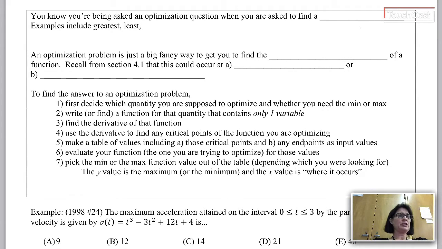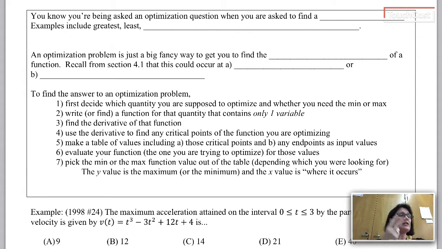Remember, an optimization problem is just a big fancy way to get you to find the absolute maximum or minimum, an absolute extremum, of a function. Those can occur at the locations of relative extrema, so local mins and local maxes, places where the first derivative changes sign, or they could occur at endpoints.